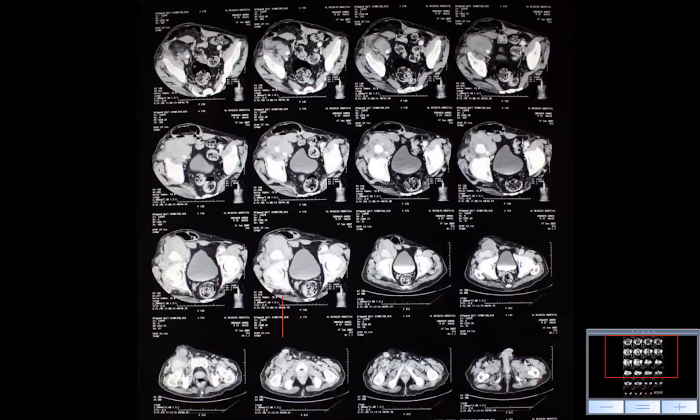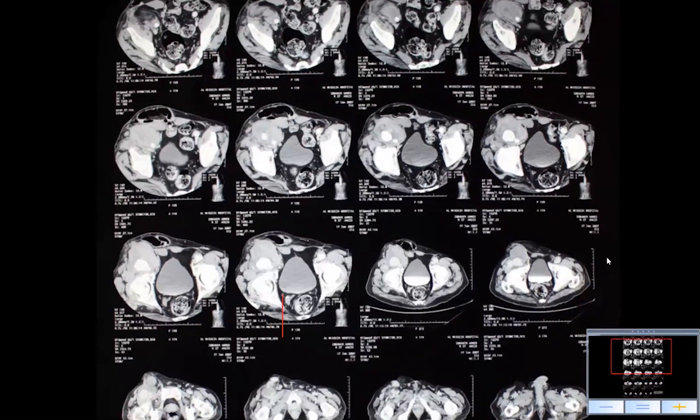Here these are the CT axial cuts. In this person we see the pelvic and lower abdominal areas. We can see the bladder.